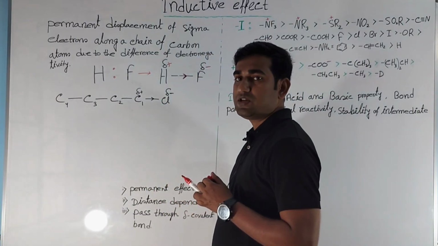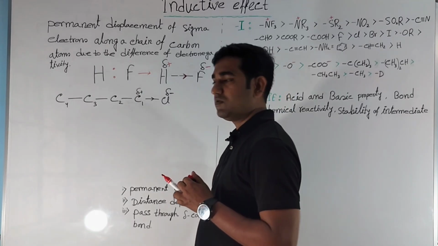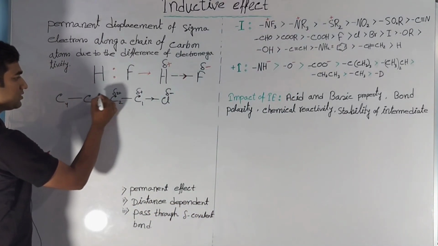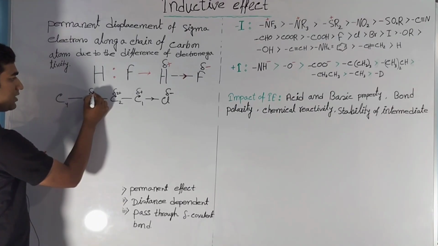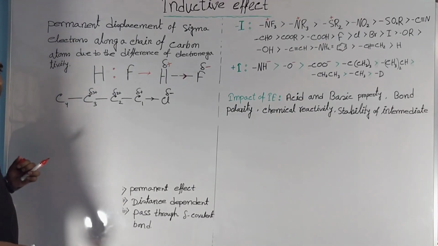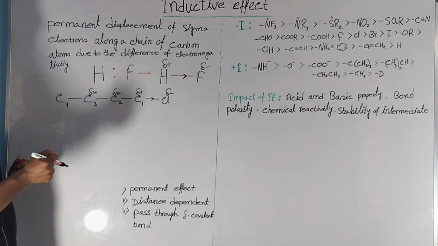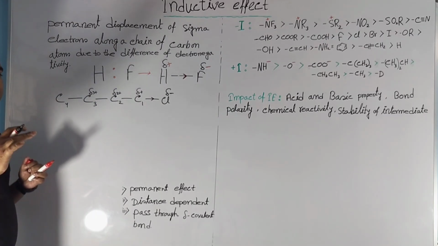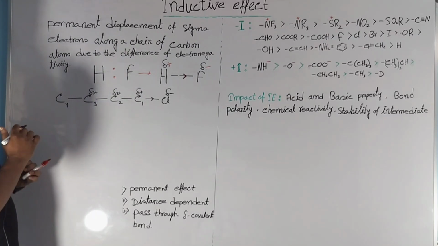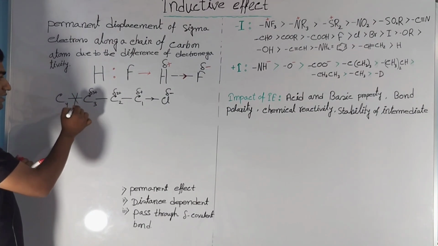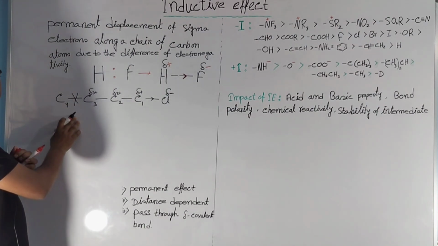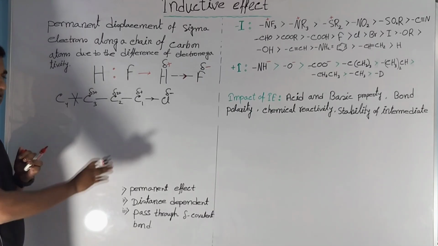So the second carbon acquires partial 2 plus and the third acquires partial 3 plus. After that the electron pulling power is negligible, almost zero.